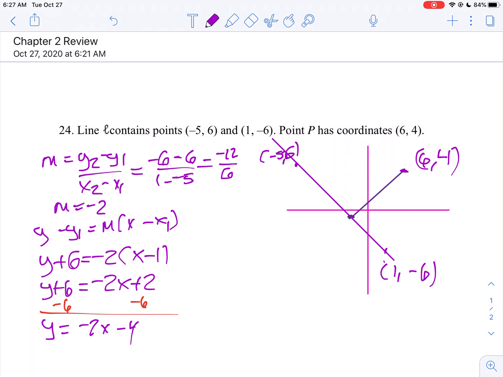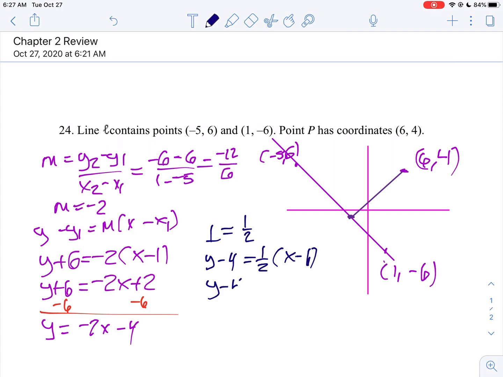Now let's find the equation of the perpendicular line. I know my perpendicular line is going to have a slope of the negative reciprocal of negative 2, so my slope is 1/2. I'm going to do the same thing, only now I'm going to use 6, 4. So y minus 4 equals 1/2 times x minus 6. Let's distribute that 1/2 inside.